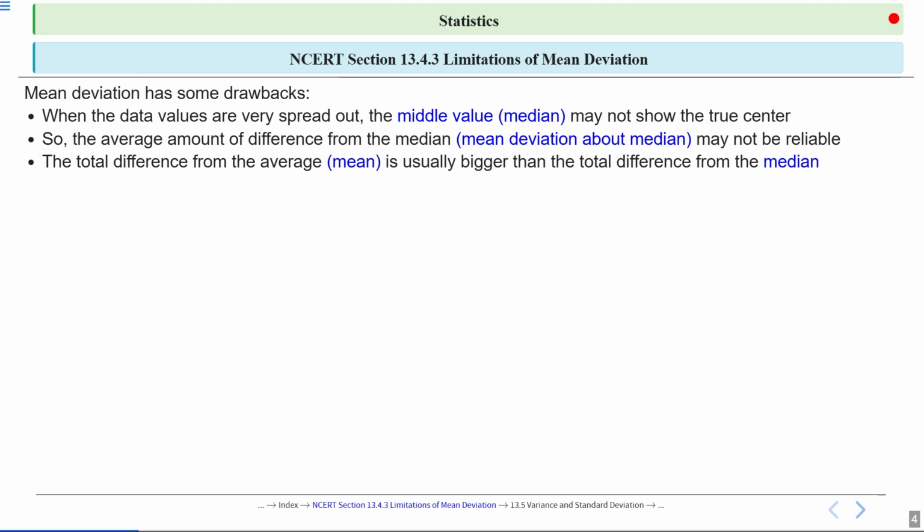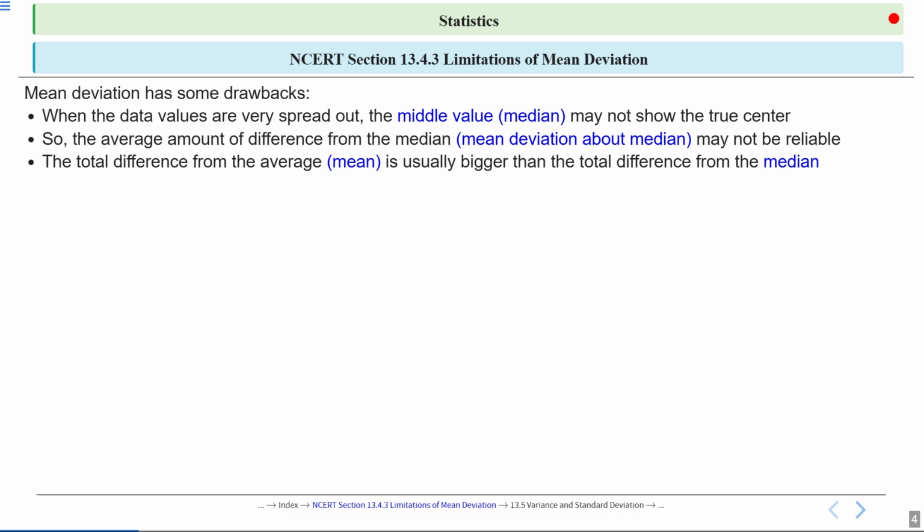Another point to notice is that the total difference from the average or mean is usually bigger than the total difference from the median. For example, if we have data values 1, 2, 3 and 10, the mean is 4 and the median is 2.5. So if we add up the absolute differences from each, the sum from the mean is larger.